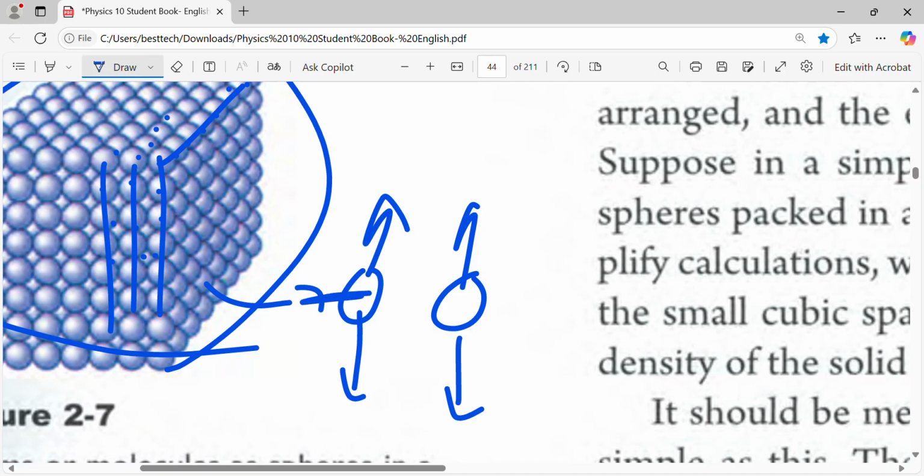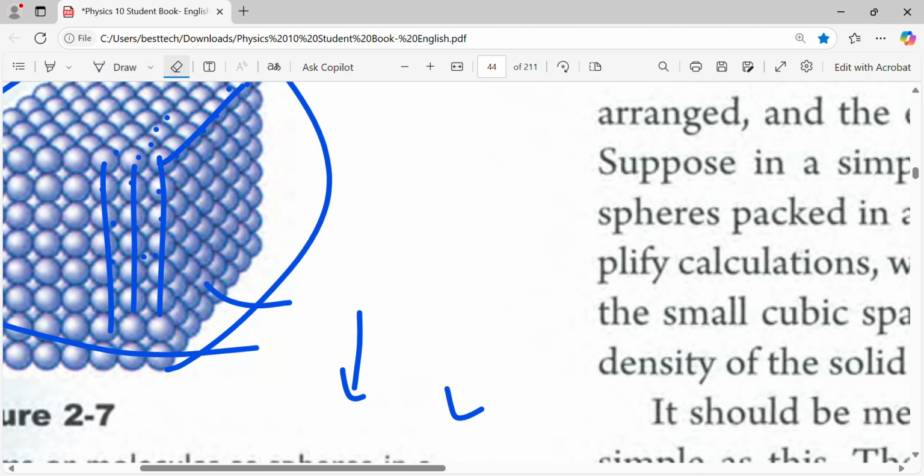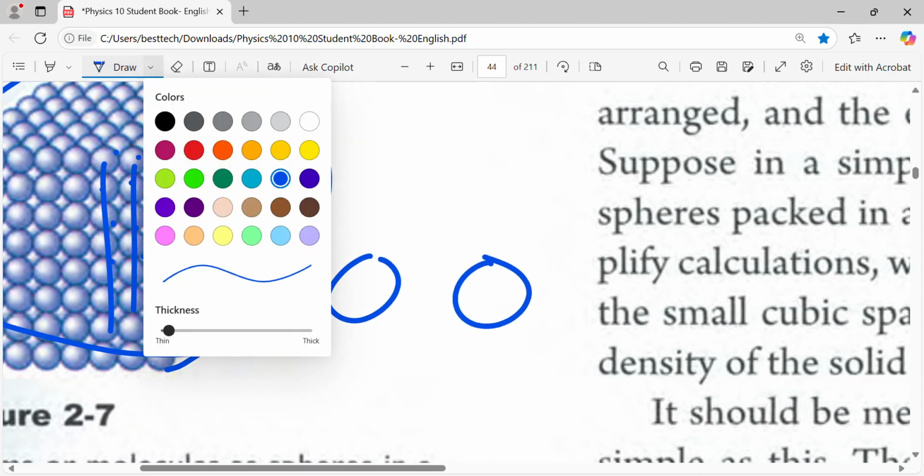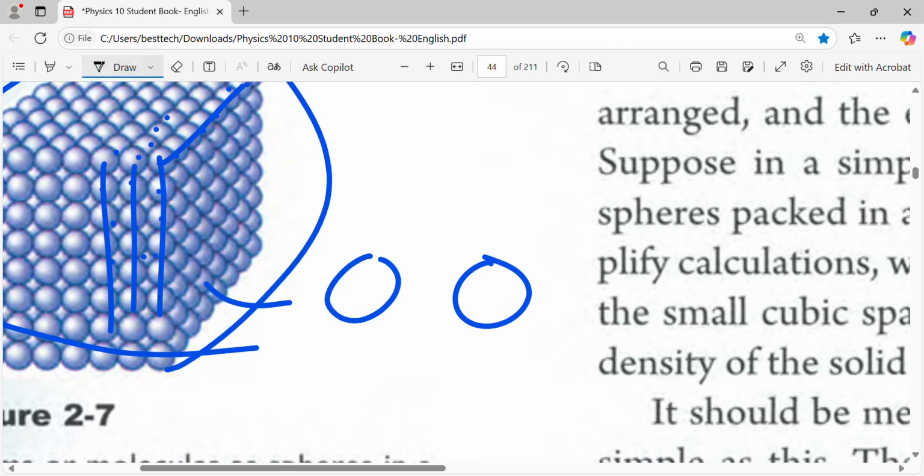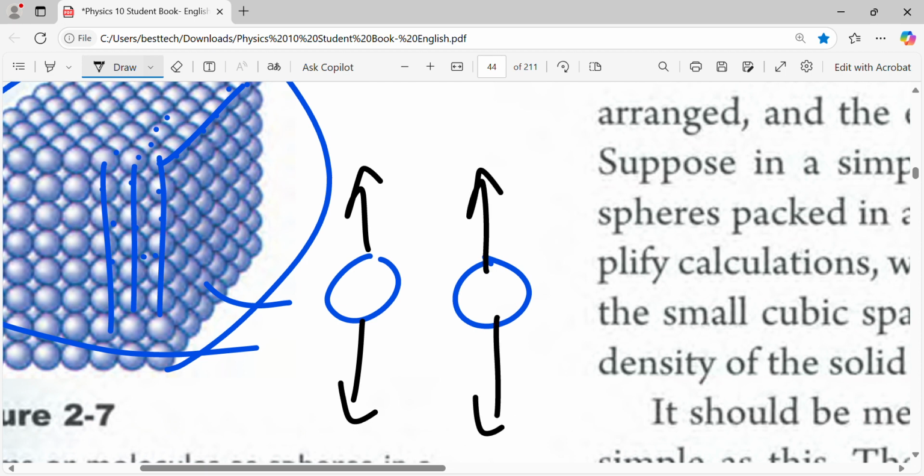Let me make it nice. Wait. We have these 2 molecules. This molecule sometimes goes up, sometimes goes down. Why? Because around this fixed position they vibrate: up, down, up, down.